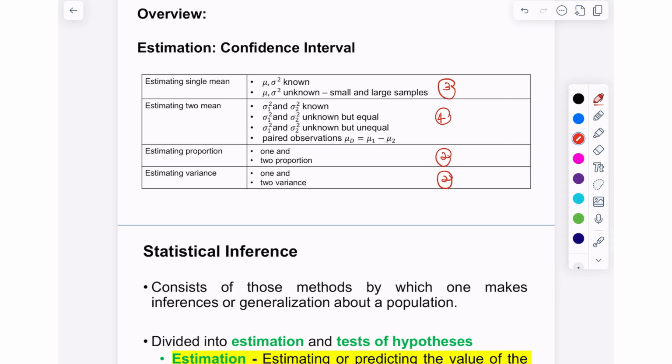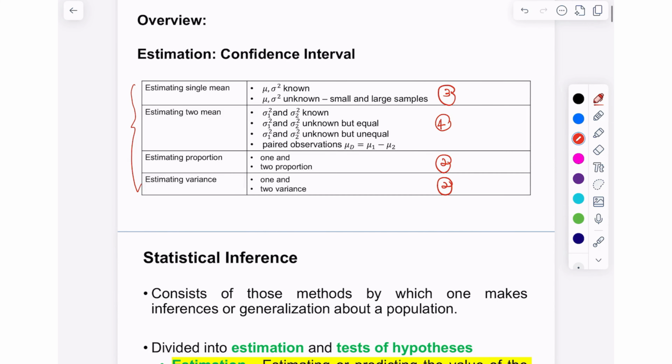To make it easier, I recommend making a list of all these confidence interval formulas, so you can see the difference between them. Then you just apply the formula based on the given statement. You need to know how to extract information and which formula for the confidence interval you need to construct.